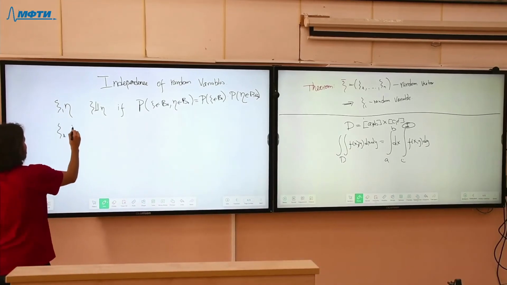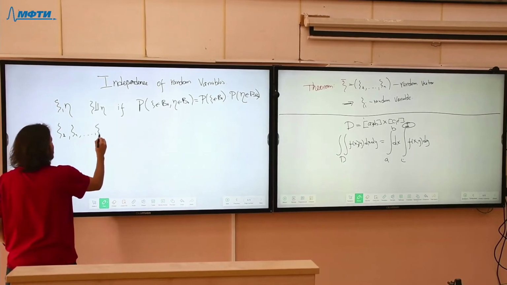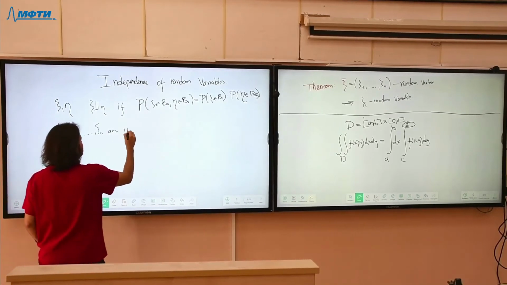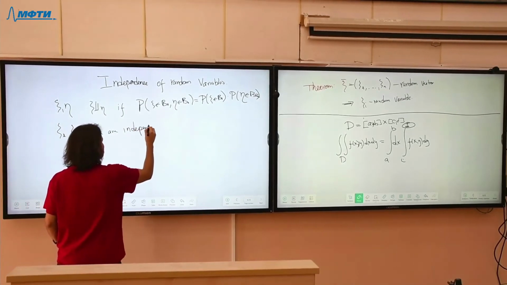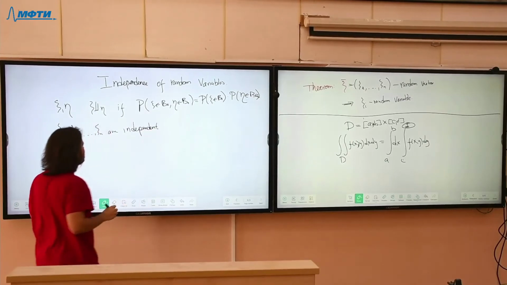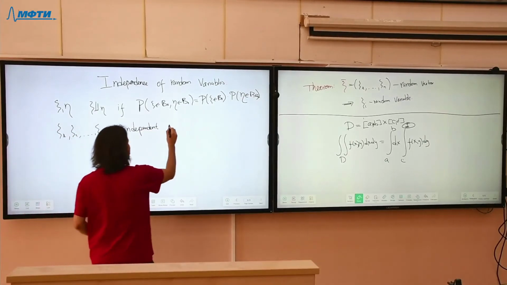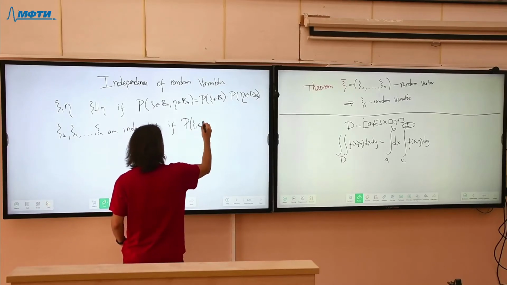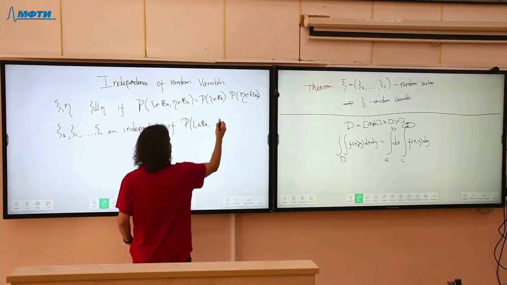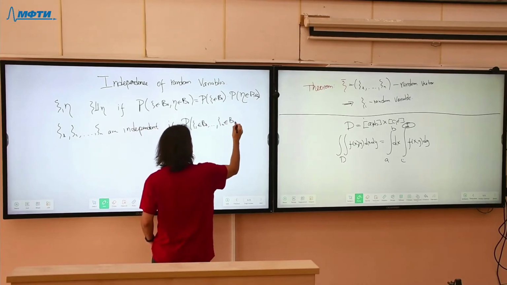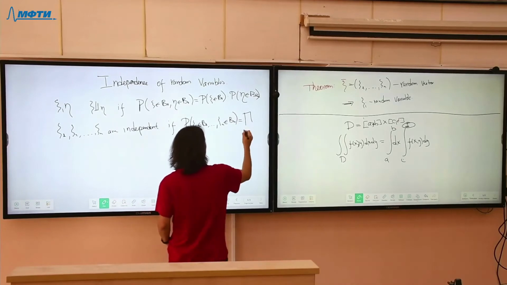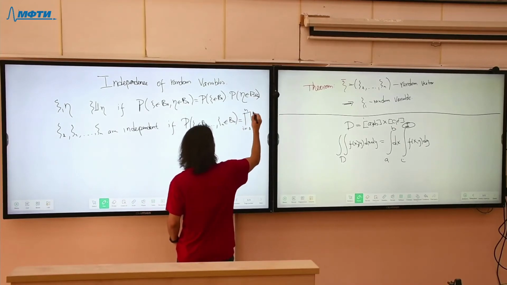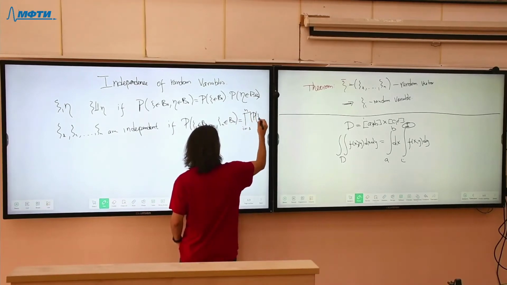Psi 1, psi 2, psi n are independent if the probability that psi 1 belongs to V1, and so on, psi n belongs to Vn, is equal to the product, from 1 to n, of the probability that psi i belongs to Vi.